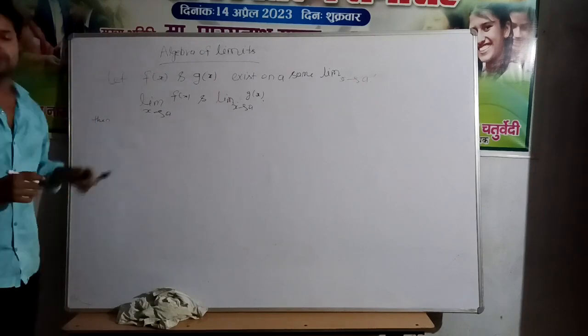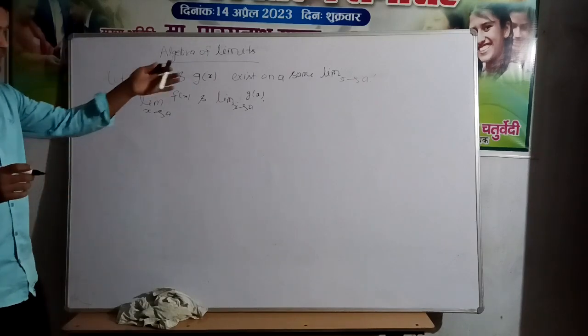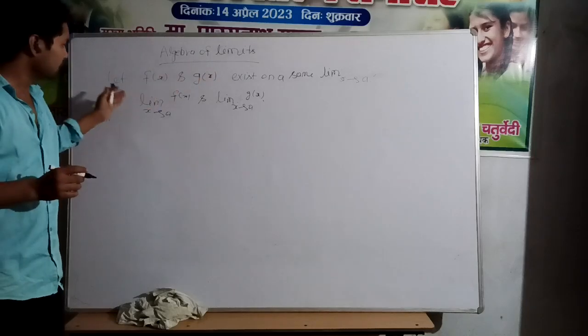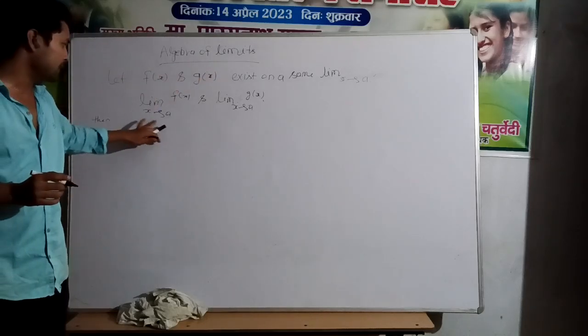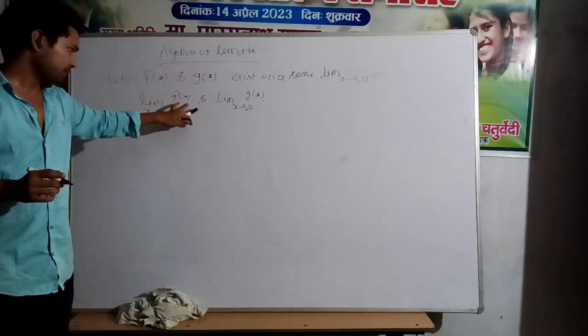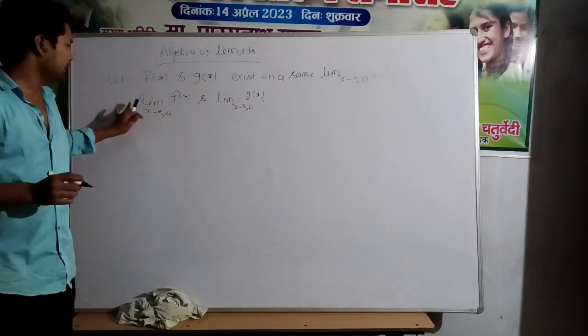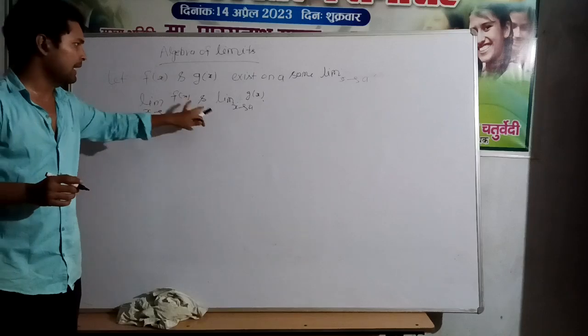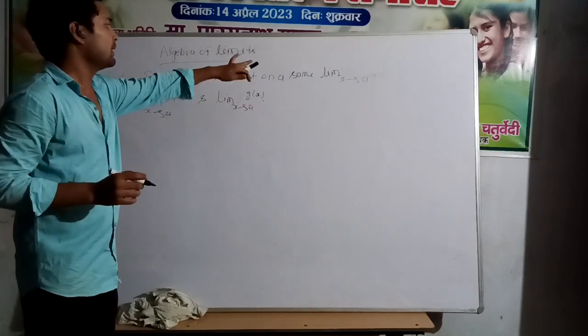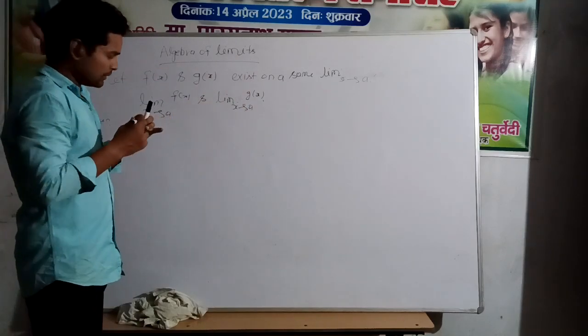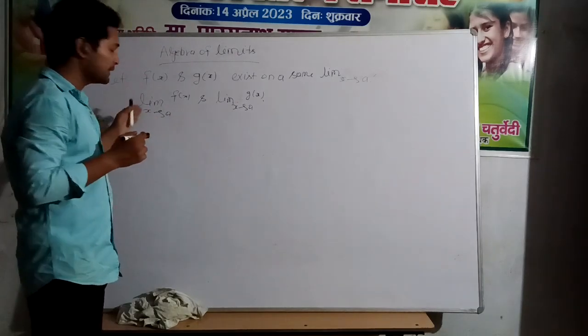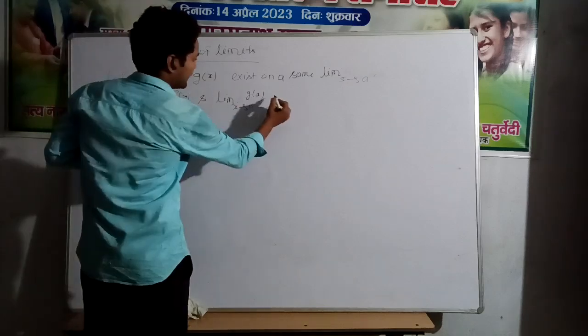Here let the functions f(x) and g(x) exist in the same limits. These are represented in the simple way: limit x tends to a of f(x) and limit x tends to a of g(x). It means that those functions exist in the same limits.